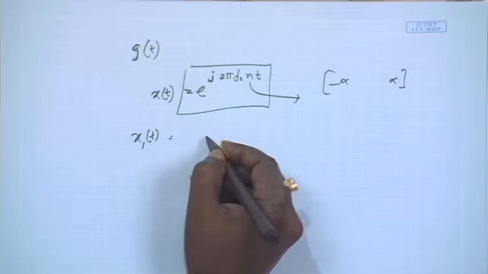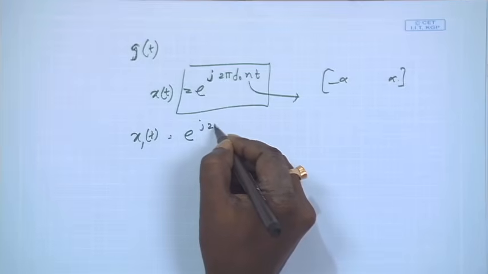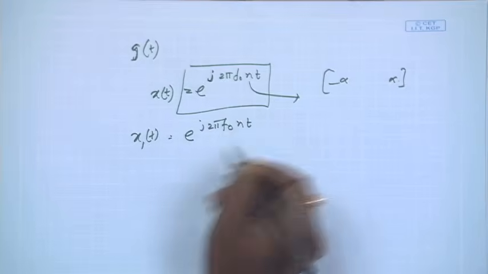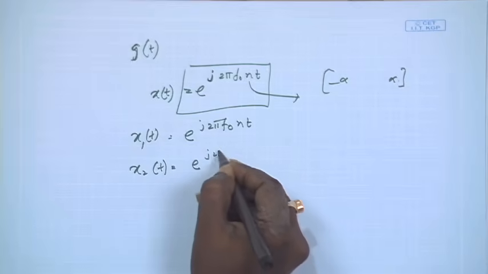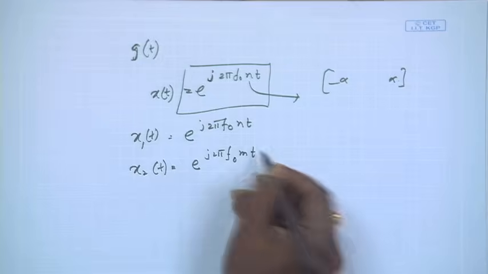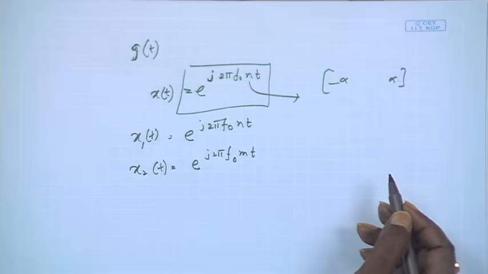Suppose we take x1(t), which is e to the power j 2 pi f0 n t, and another x2(t), which is e to the power j 2 pi f0 m t. All we have to prove is that if m is not equal to n, the orthogonality criterion equals 0.